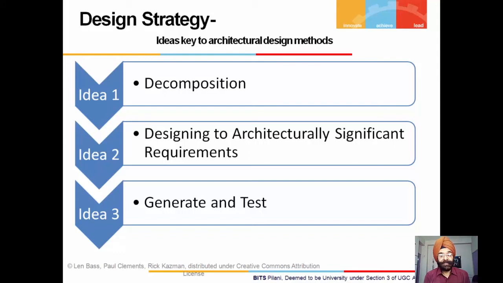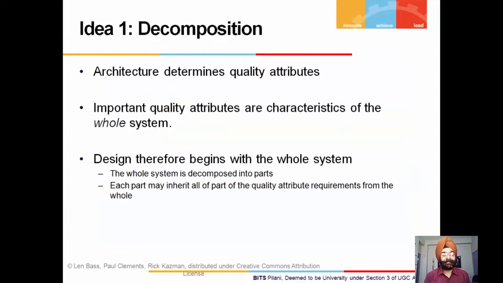Then you design to architecturally significant requirements, either for the entire application or parts of it. The third idea is generate and test. We generate a solution, we think it will work, we test it. If it doesn't, we go back and redesign. So these three ideas are central to design strategy: decomposition, ASRs, generate and test.